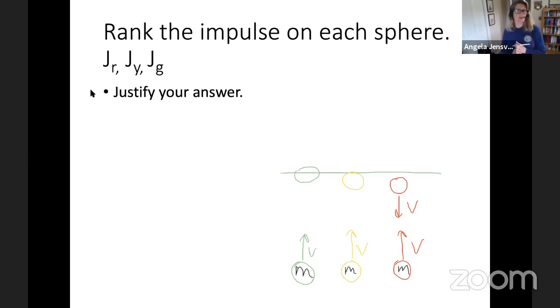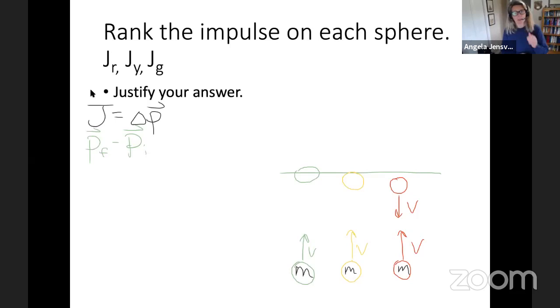So your job was to rank the impulse, right? So impulse is change in momentum. And I put the vector symbol quite intentionally because if you forget momentum is a vector, you're doomed. Okay, so I hope you guys included the direction in this. Okay, so let's do the green one first. Well, impulse is change in momentum, so that's final momentum minus initial momentum.